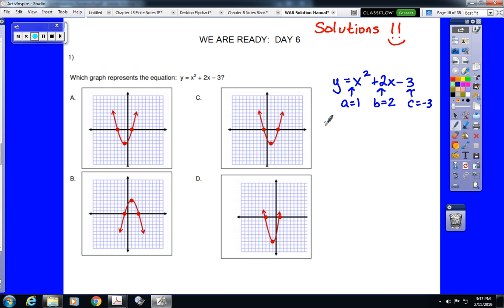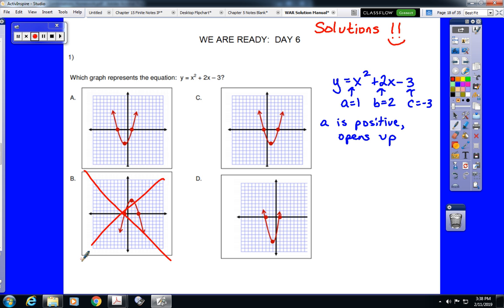So the a being positive tells us that this graph opens up, which means right away with our answer eliminator tool we can eliminate B because it doesn't open the correct direction.